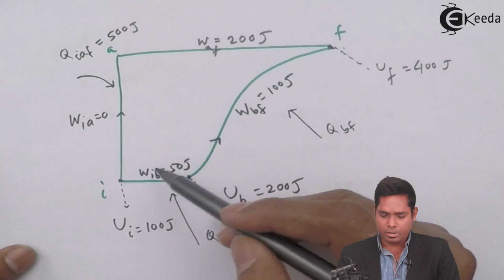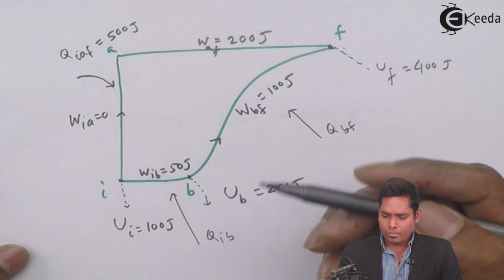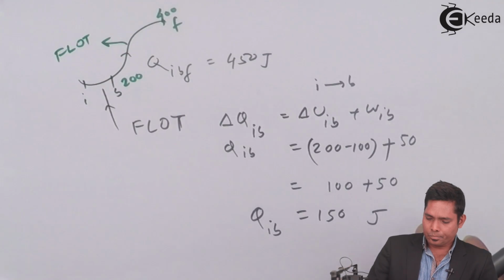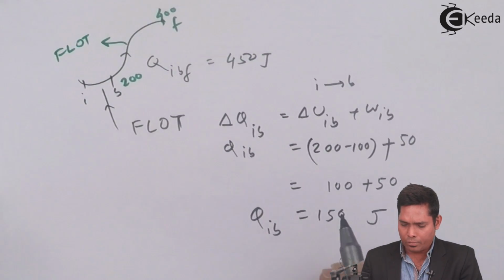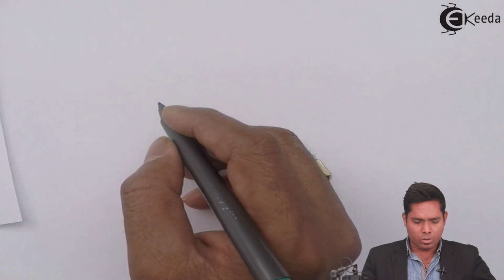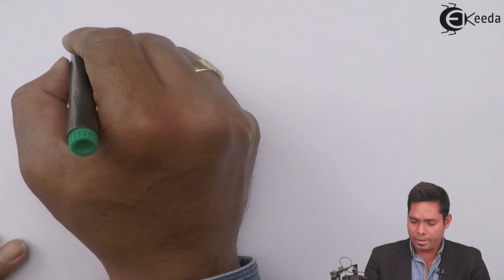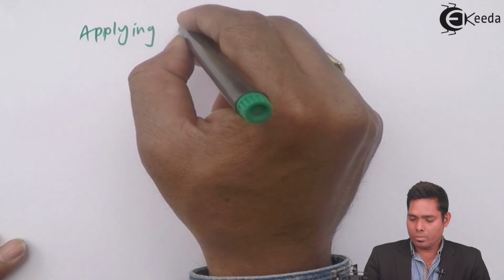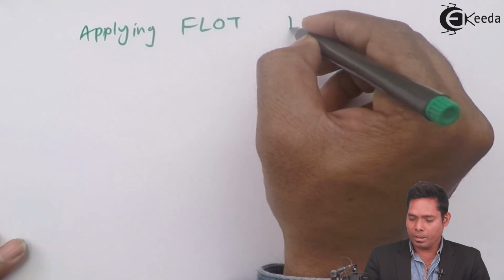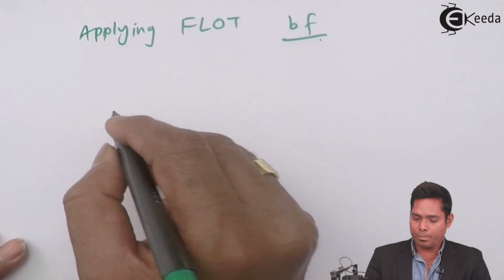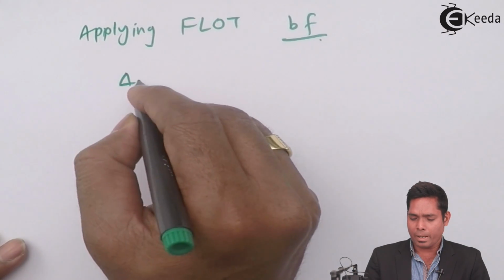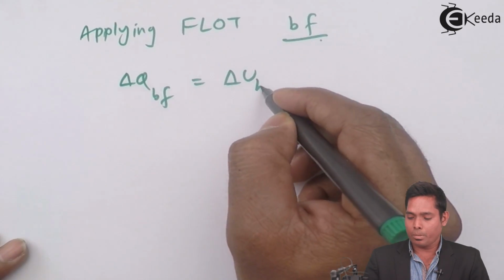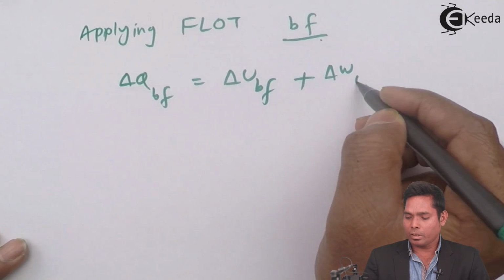Applying the first law to the path BF, the heat supplied during BF goes into the change in internal energy plus the external work done in BF.